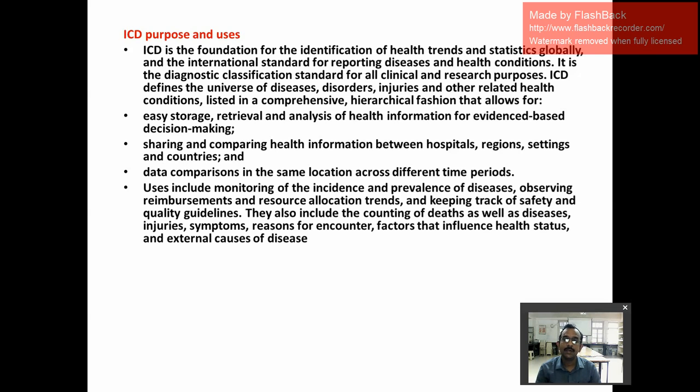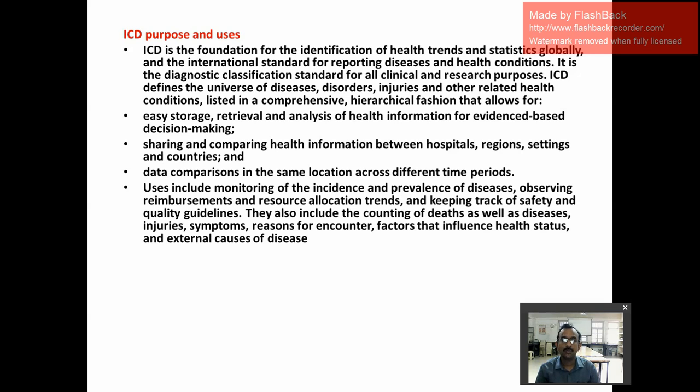So that is a trend, and they will collect all the statistics internationally. It is a diagnostic classification standard for all clinical and research purposes. For any clinical purpose and for research purposes, we need this ICD classification. ICD defines the universe of diseases, disorders, injuries or any health related conditions in an alphanumeric code, which helps with easy storage, retrieval and analysis.